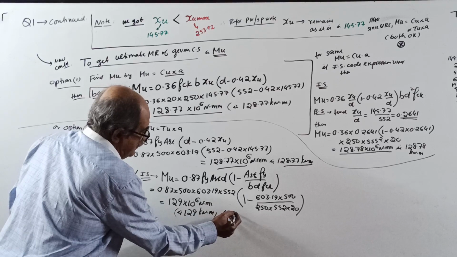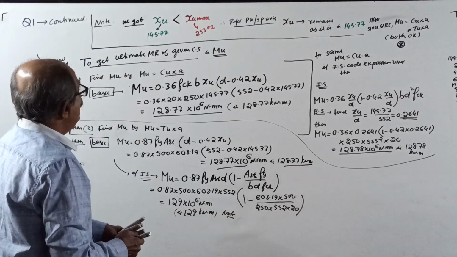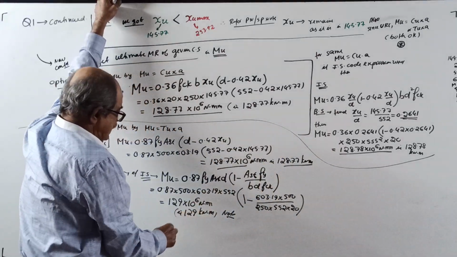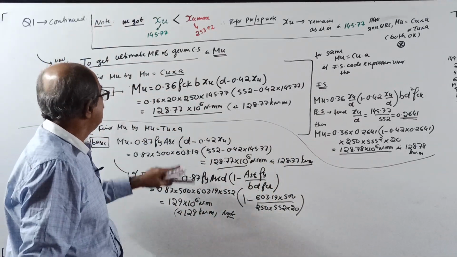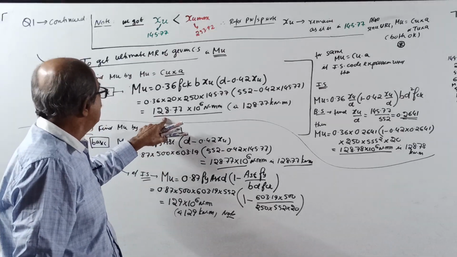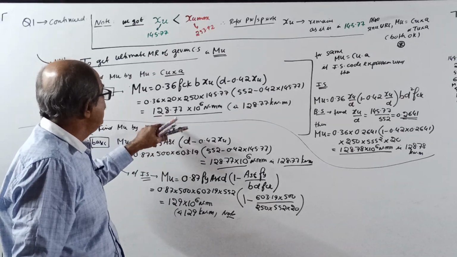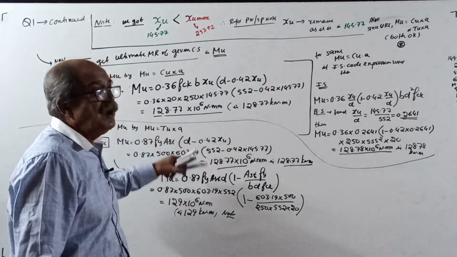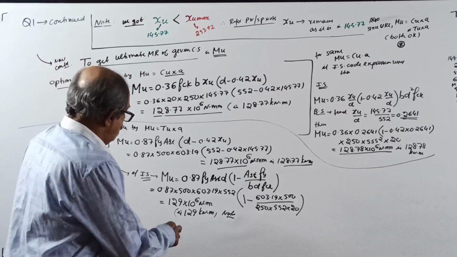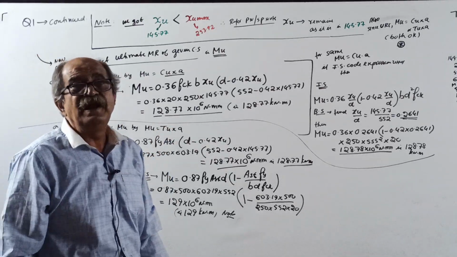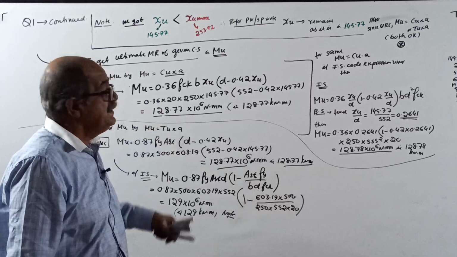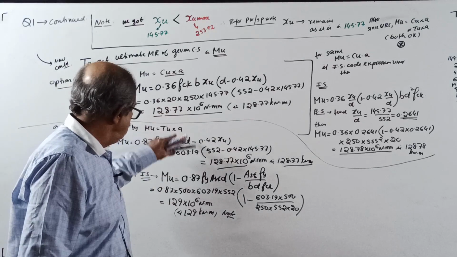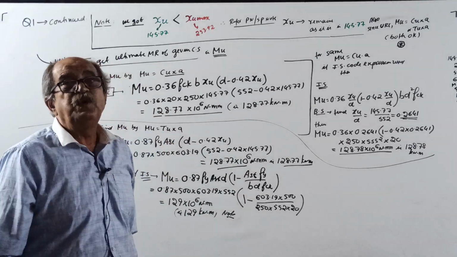You can make a note here: 128.77, 128.78, 128.77, it becomes slightly more. Like in 12,877 rupees versus 12,900 rupees, there is a difference of 23 rupees.